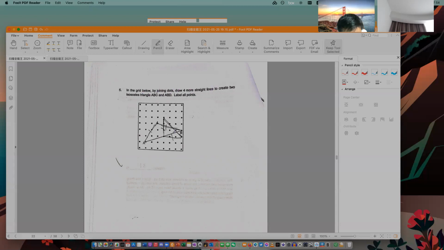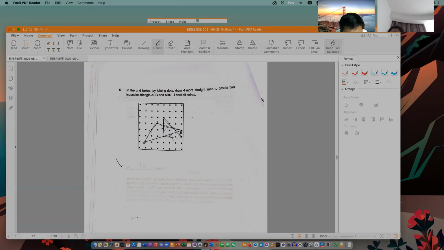There is no one fixed answer for this question. As long as you can get 2 isosceles triangles, your answer is correct.